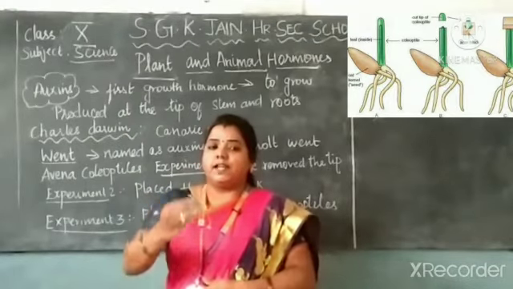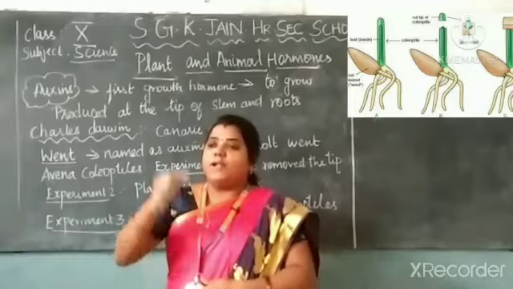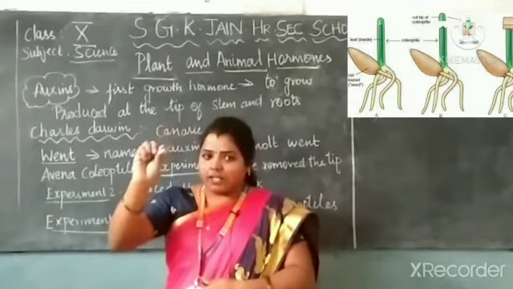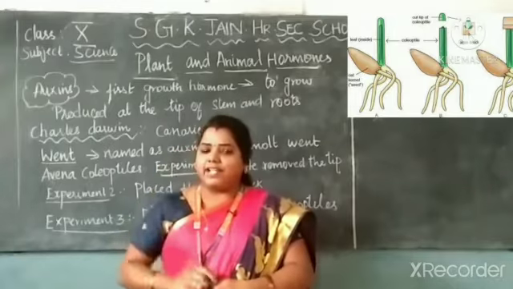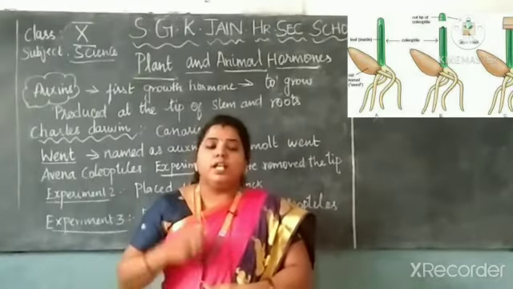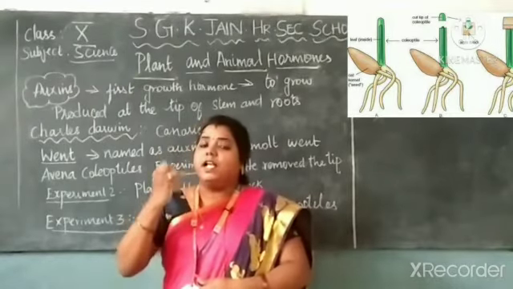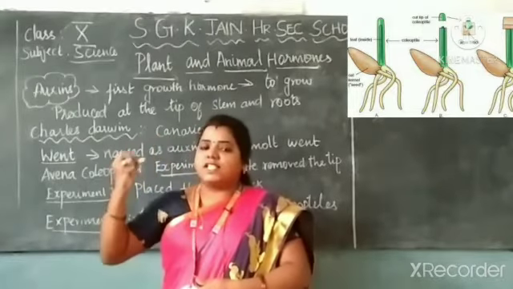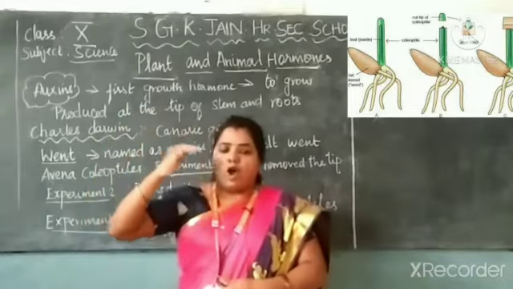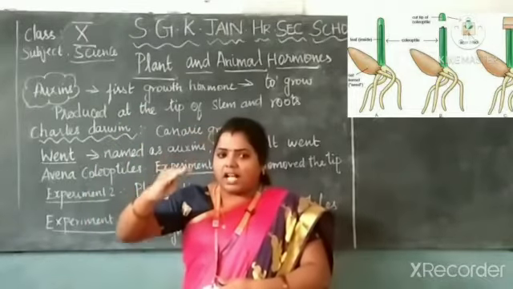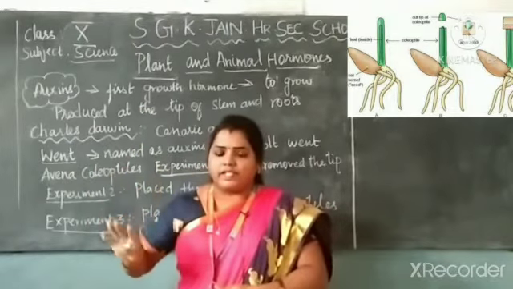It promotes growth. So the tip was placed on the agar. The agar, because it is a kind of jelly, absorbed the chemical, that means auxin from the tip of the plant. So the agar was filled with auxin.